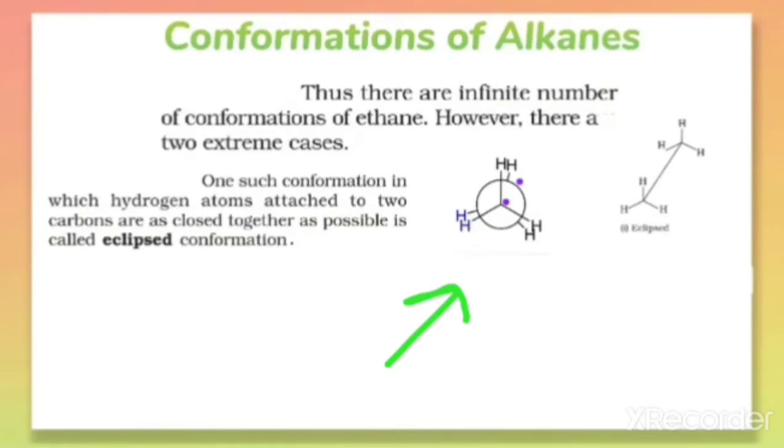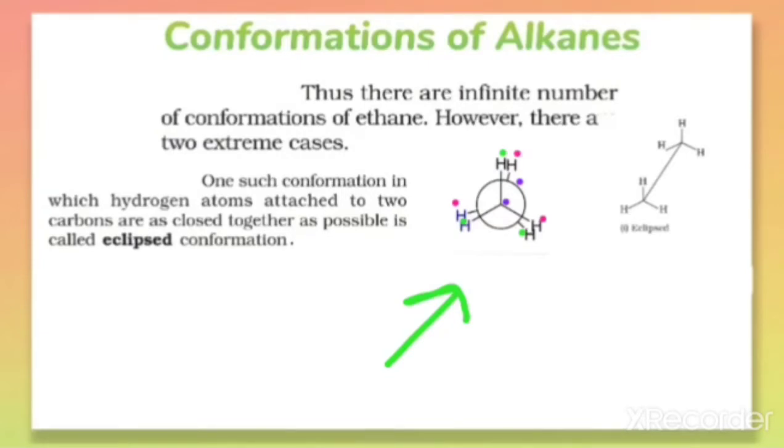As we know, on each carbon there are 3 hydrogens. These three hydrogens are attached to the front carbon, and the other three hydrogens are attached to the back carbon. So we can represent the molecule in this way, which is the molecule of ethane viewed at the C-C bond head on.